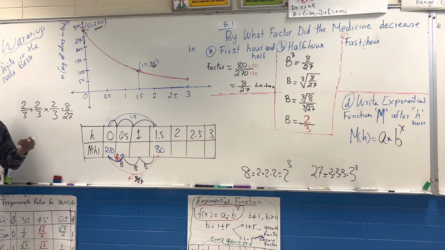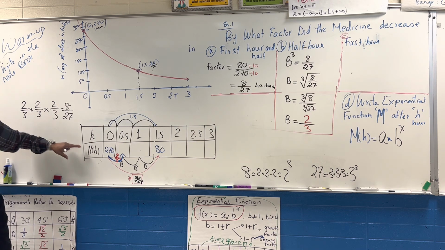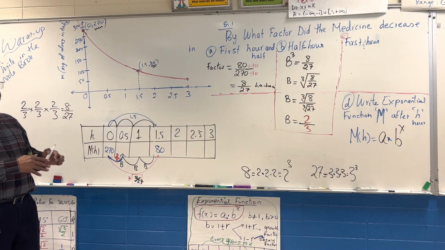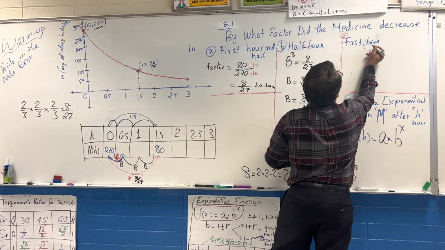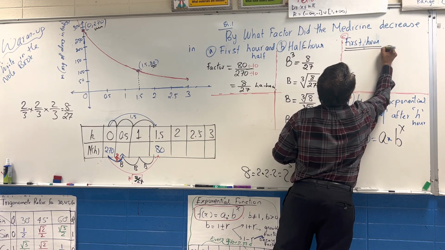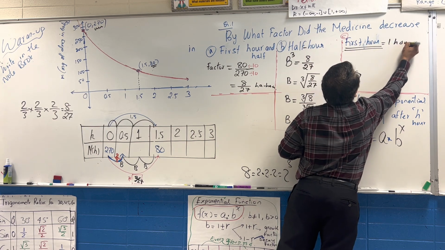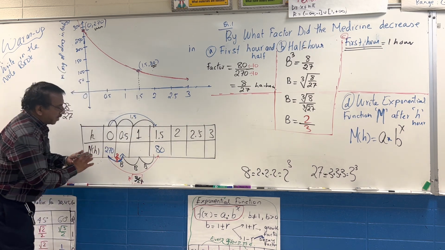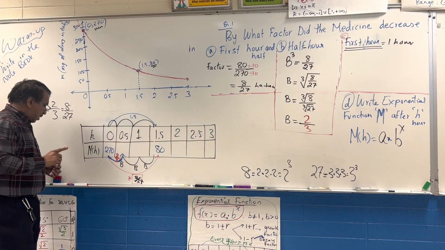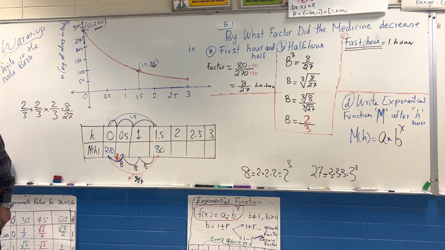Everything is coming together, it's like a puzzle we are putting together. Now, almost there, okay? Once you know this B, what is the factor in the first hour? It's like 1 hour, what is the factor? I'm going to use a green marker.